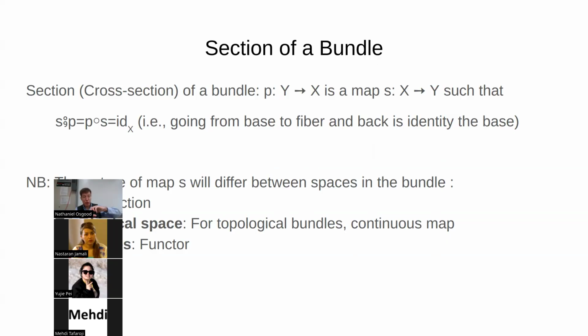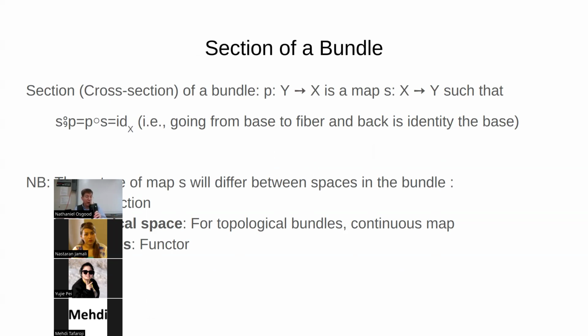Now, the nature of map P down and the nature of map S up, the section, we call this the section if it honors those properties. Those maps, the nature of them will differ between types of spaces, right?